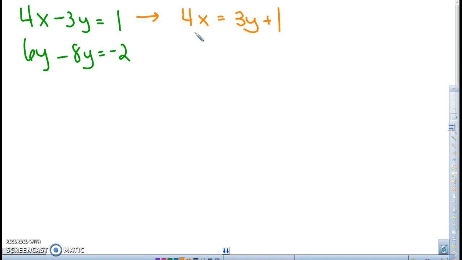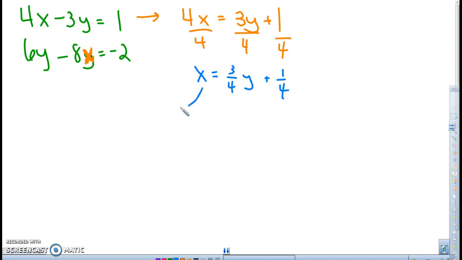And then I still don't have x by itself, so I want to divide every piece by 4. Okay? So I'd get x equals 3/4 y plus 1/4. And then I'm going to start plugging that in for that x. So try plugging it in and solving for what y equals.